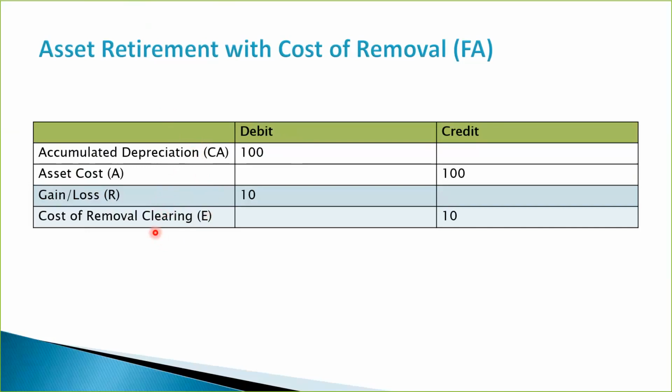So we are going to go to Oracle and we are going to do a retirement with cost of removal. We don't have to enter the payables account immediately. We can do that after, and the reason why we would do that is so that we can cancel out this cost of removal clearing account.